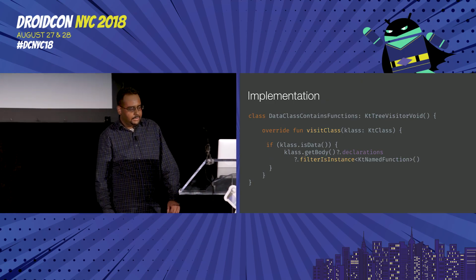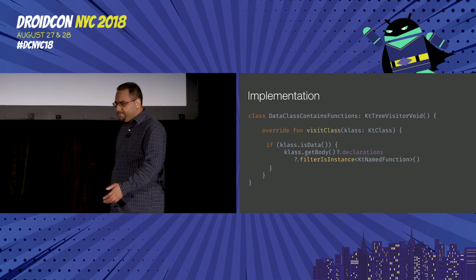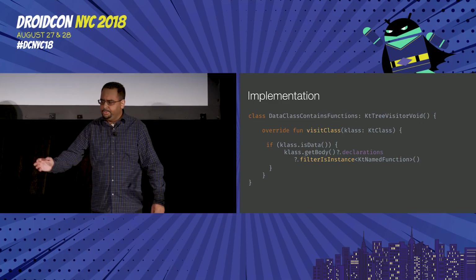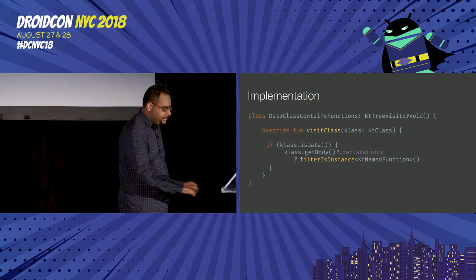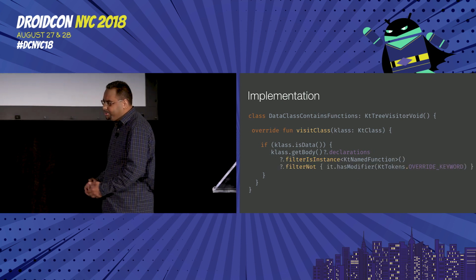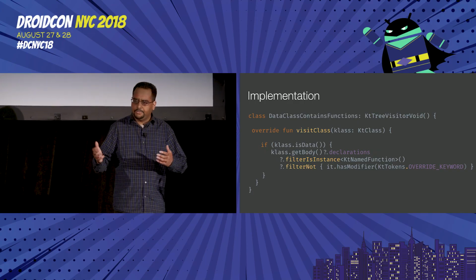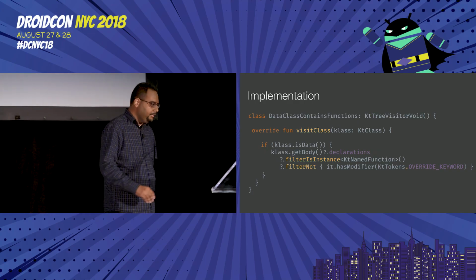I'm going to filter it by type, KtNamedFunction. At this point, it's going to give me all the functions, take all the properties you made and put them out to the side, give me all the functions. And the next thing I'm going to do, I'm going to remove all the functions which are overridden, because that's okay, right? And then what I have left over are these extra functions like create and delete post, right?